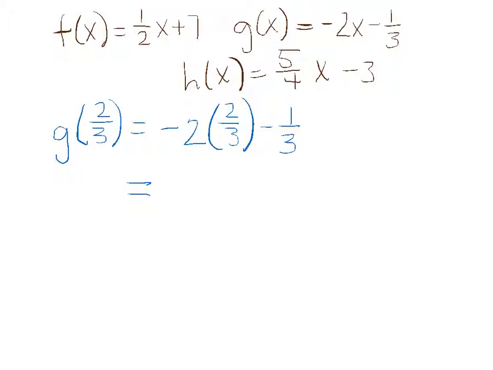If I look at evaluating this, I can think of -2 as -2/1. -2 times 2, I'm going to multiply the numerators. That's -4. 1 times 3 is 3. So this first part here is -4/3 minus 1/3, which is going to give me -5/3.